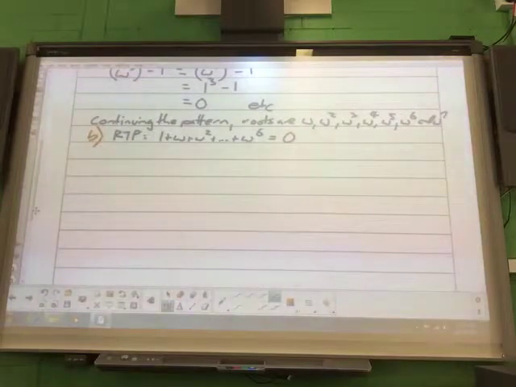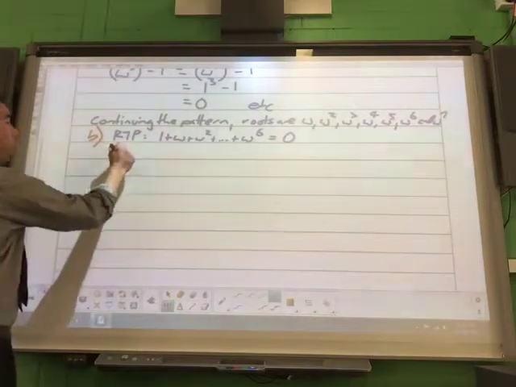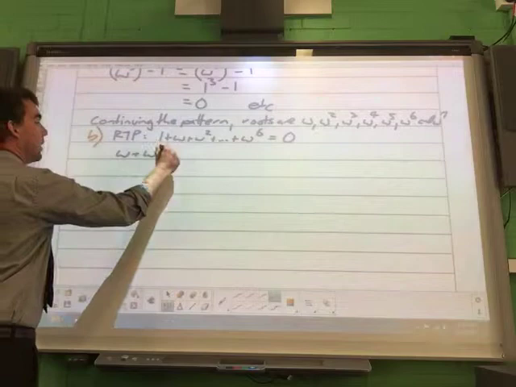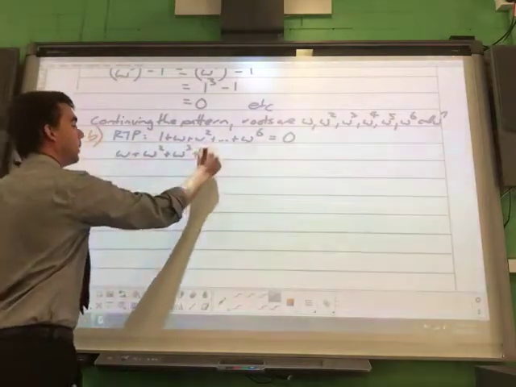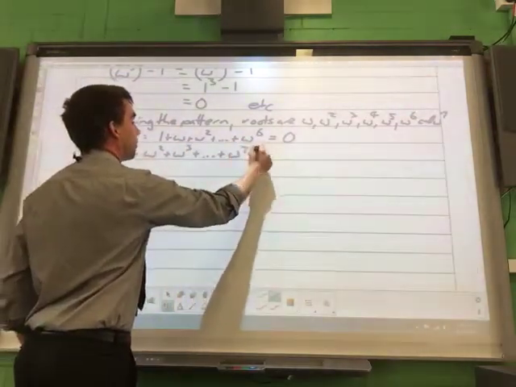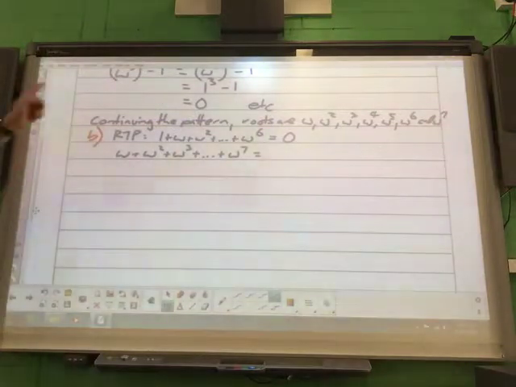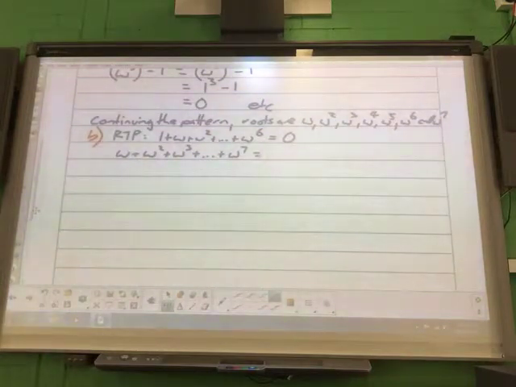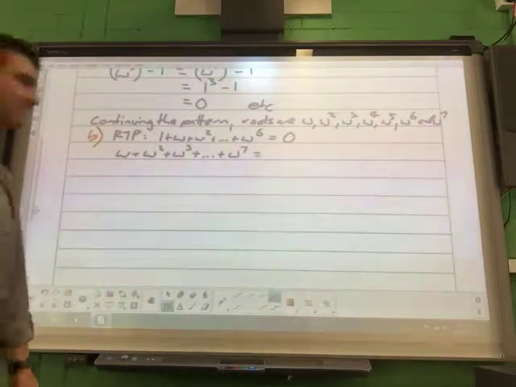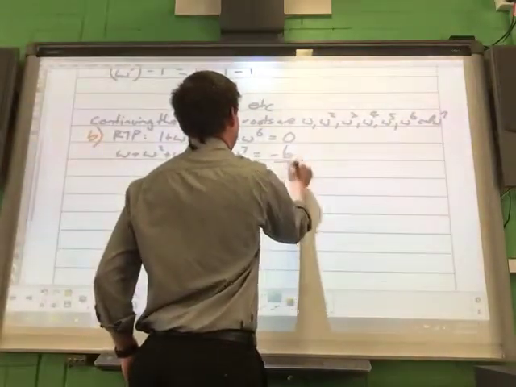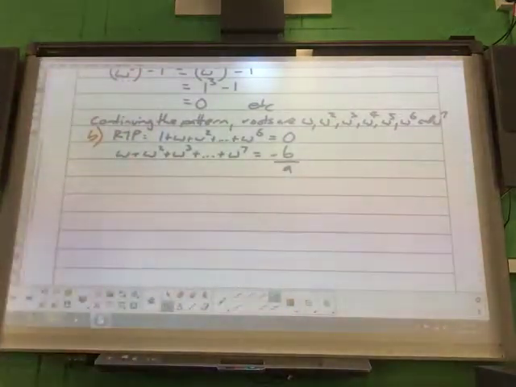Okay, let's go back one step. So omega plus omega squared plus omega cubed, and so on. We're getting my 7 roots and adding them all together. What do you remember about adding roots together? Sum of the roots equals negative b over a.